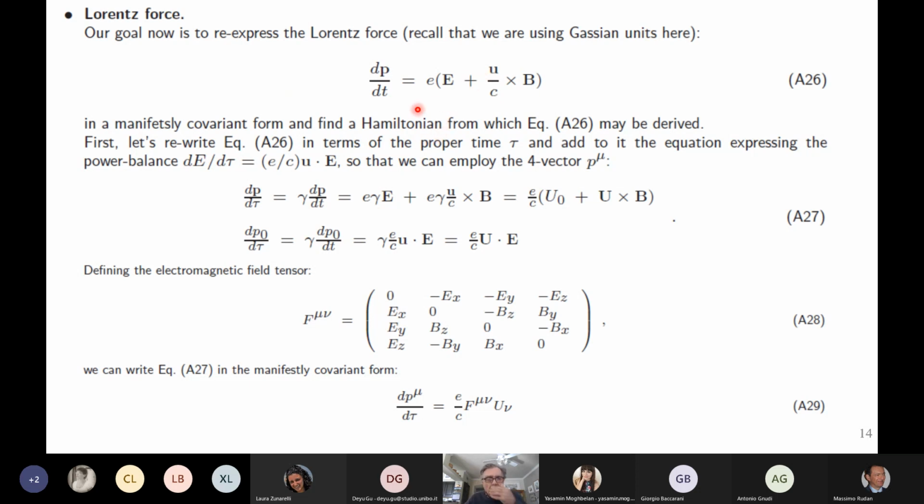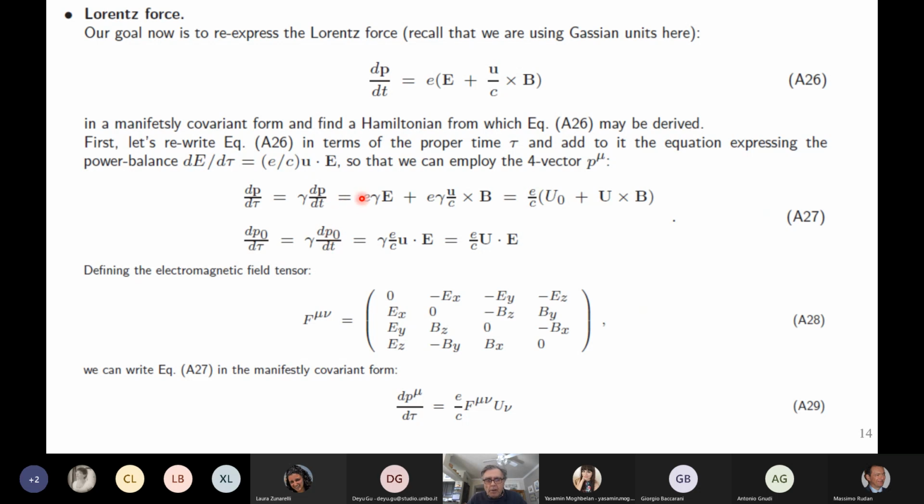And indeed, the idea is to generalize these three equations, make them four equations. The three spatial, or space-like, components of my new expression for the Lorentz force will be these. In addition, I add the energy balance, so that the change of the energy of the particle with respect to the proper time of the particle must be equal to Joule heating, just the work done by the electric field on the particle.